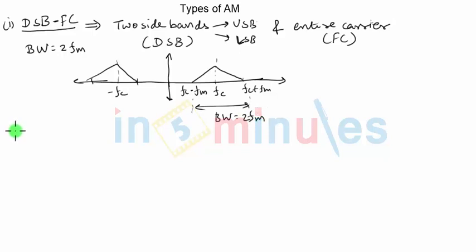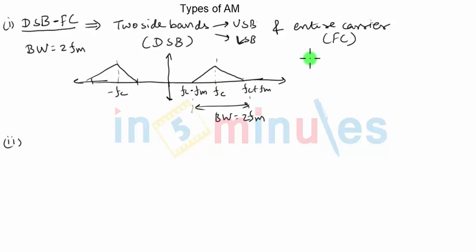Now there are a few drawbacks of double sideband full carrier, and because of this we go to the other types of AM signal. The very first drawback is about the amplitudes of the carrier signal and the other signals, that means the two sideband frequencies that we have in the signal. Because it is the full carrier version, the carrier part in the output signal is exactly the same as the original carrier signal.